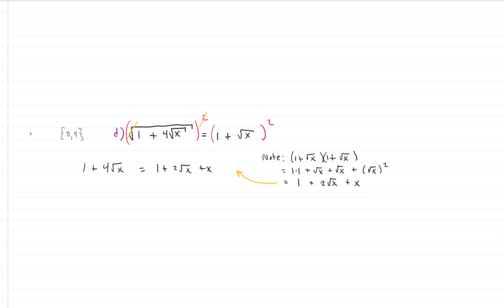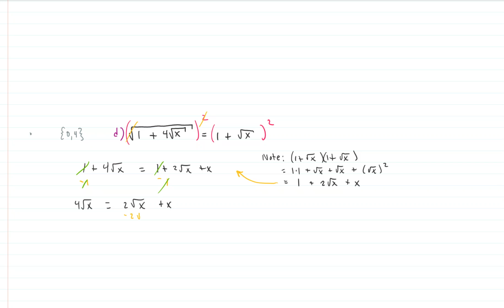So let's subtract a 1 on both sides. And luckily for us, that 1 cancels and completely goes away. Now we're left with 4 root x equals 2 root x plus x. Let's subtract a 2 root x on both sides.